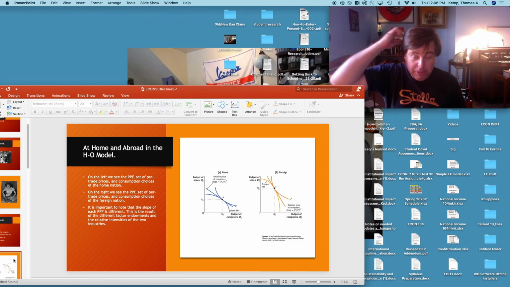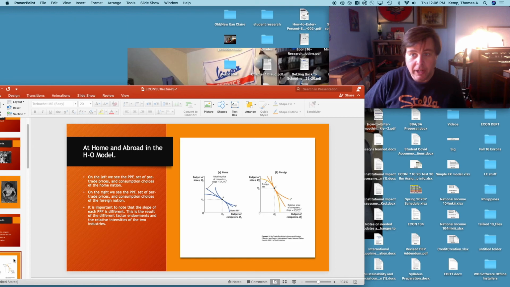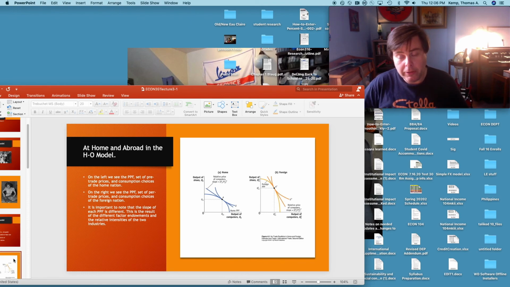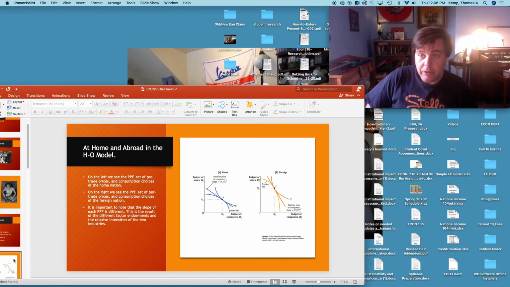Because those are the preferences, at A and A star, on both the PPF and the indifference curves, there is an implied trade-off in production. In other words, I'm giving up so much of shoes to get so many more computers. There's an opportunity cost in real terms, and that opportunity cost gives you the price ratio. Why? Because that's just what people are willing to give up of one to get the other.